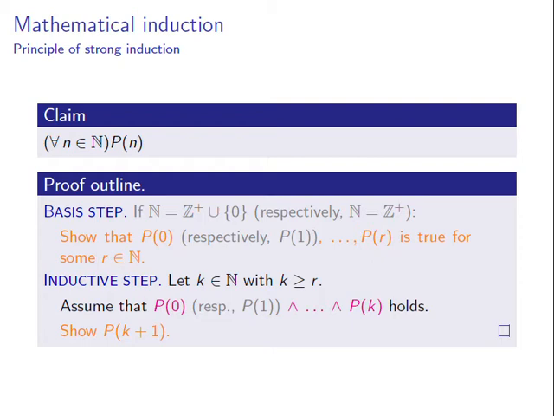A proof using the principle of strong induction is used when the statement P of k plus 1 cannot be proved by assuming P of k alone, but rather needs the conditions P of n for other values of n smaller than k.